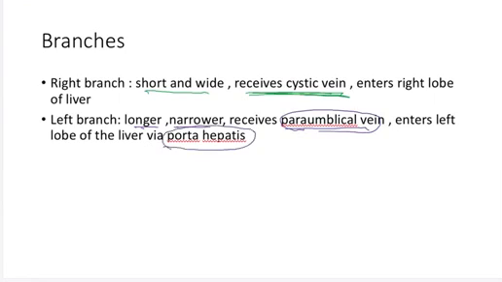So the right branch is receiving which vein? The cystic vein, right before it enters into the right lobe of the liver, and the left branch of the portal vein is receiving which vein? The paraumbilical vein, right before it enters into the left lobe of the liver. Okay, so these are the branches of the portal vein.